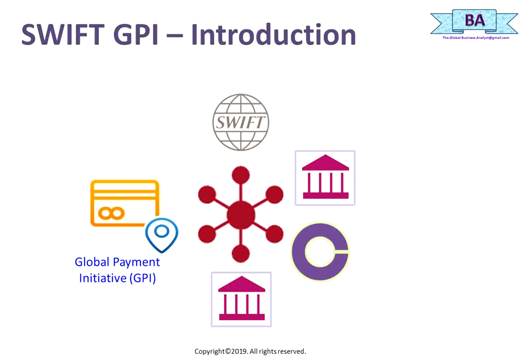Banks across the globe have been working for years to make cross-border payments faster and smoother. One of the main initiatives in this area is GPI, which SWIFT launched in the market in 2016 with the idea of improving the customer experience in the world of international payments.